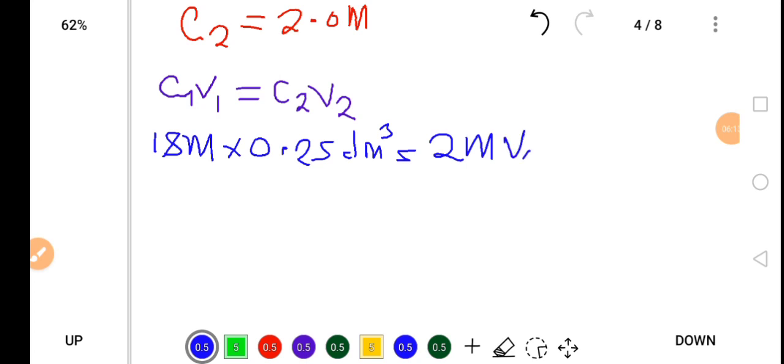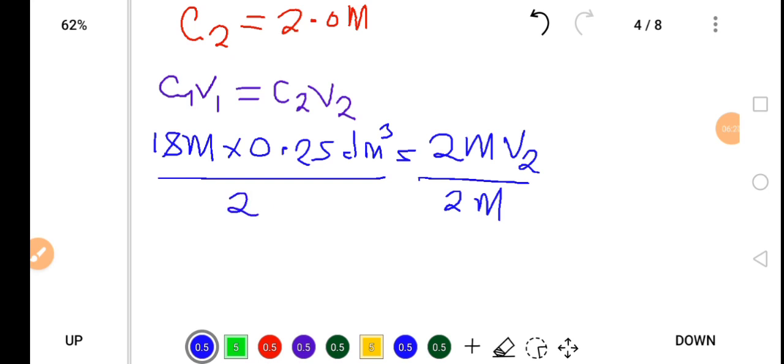V2 is not known. So we are going to say over 2 molar, over 2 molar. This 2 molar and this 2 molar will go. This molar and this molar will go.